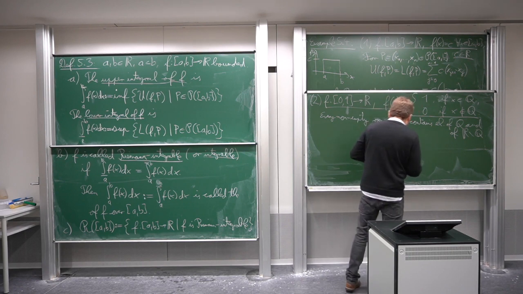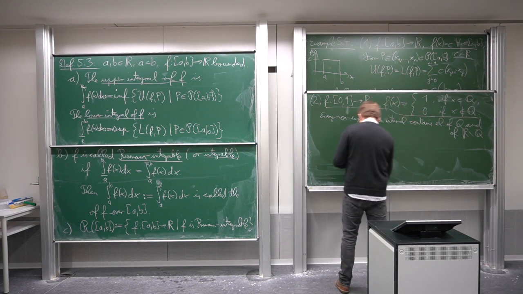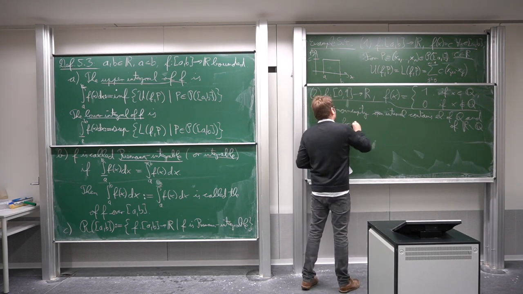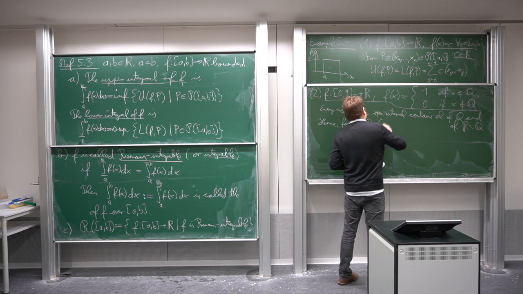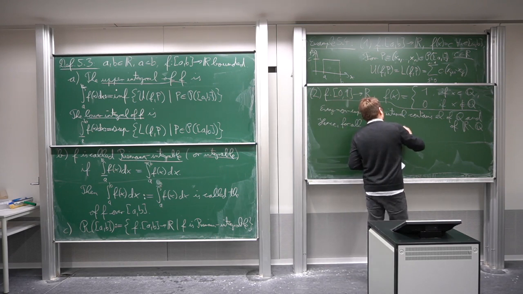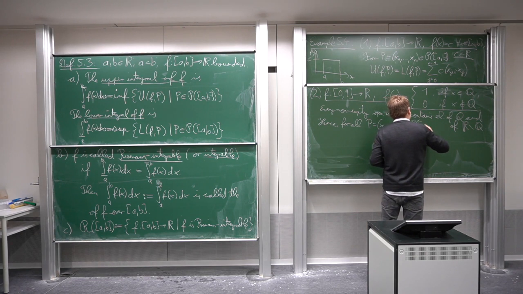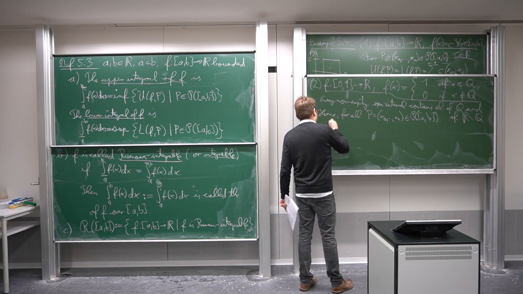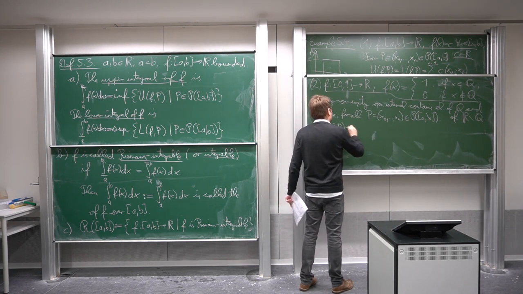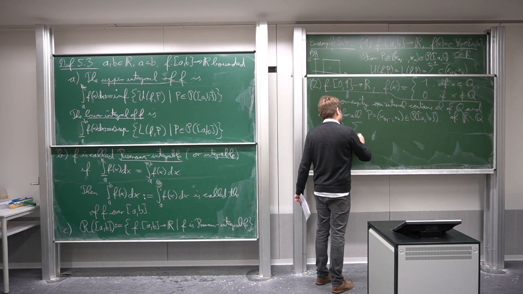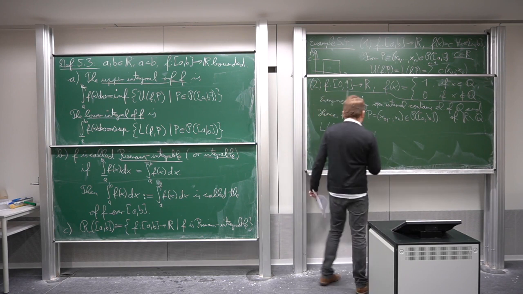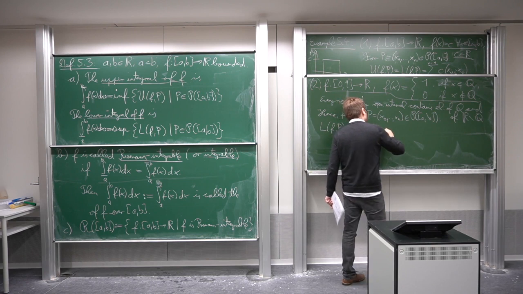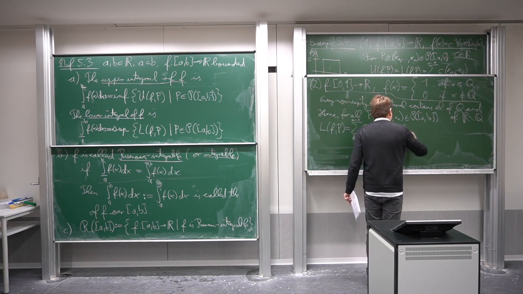So if we just write this down, hence for all partitions P from x0 to xn of [a, b], we see that the lower sum, because all the infima are 0, is the sum from j = 0 to n minus 1 of 0 times (x_{j+1} minus x_j), which is obviously 0.